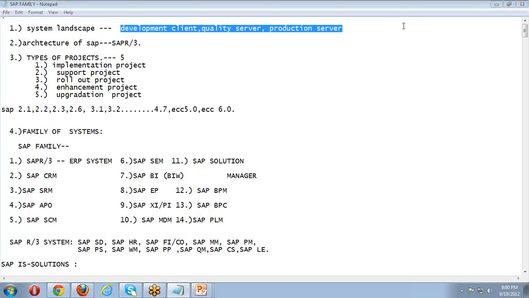Right. So development client is the one where all the requirements are gathered. The requirements are mapped with the standard SAP system, finding out the gaps, sorting out the incompatibilities, analyzing the gaps, finding out the gap solutions, documenting the gap solutions, sending the gap solutions to the business process owner for approval.